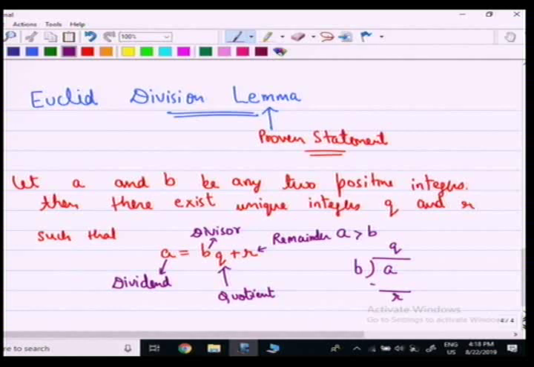And this is the division algorithm, which says dividend is equal to divisor into quotient plus remainder.